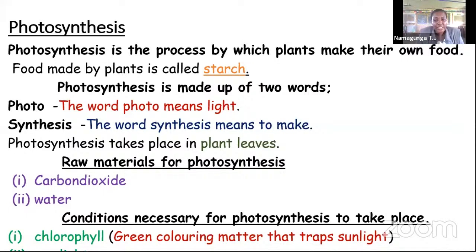Where does photosynthesis take place? Namvuma, where are you?